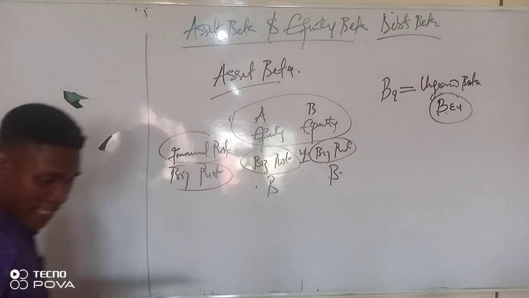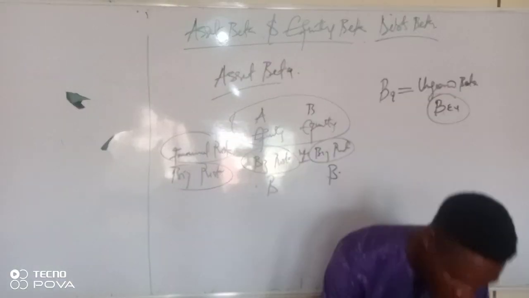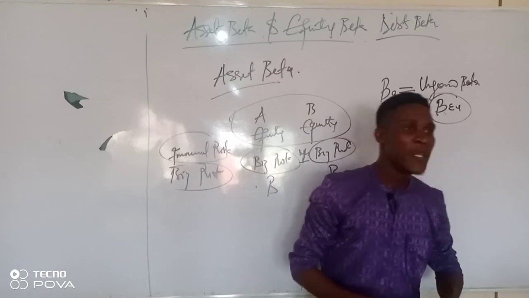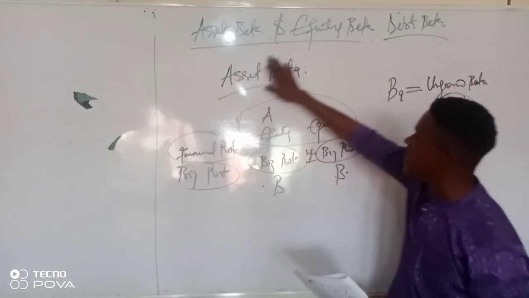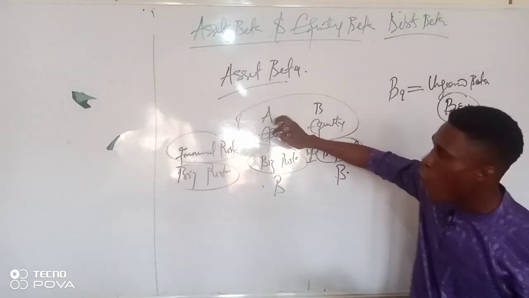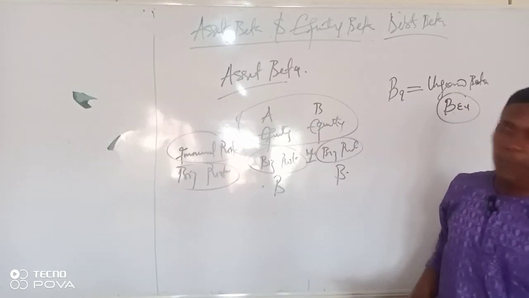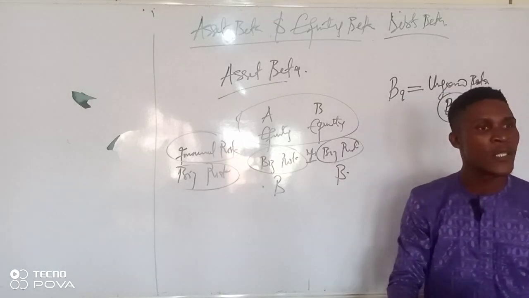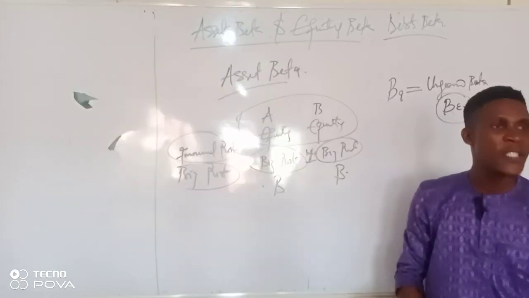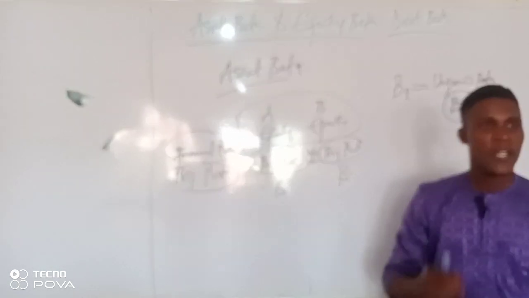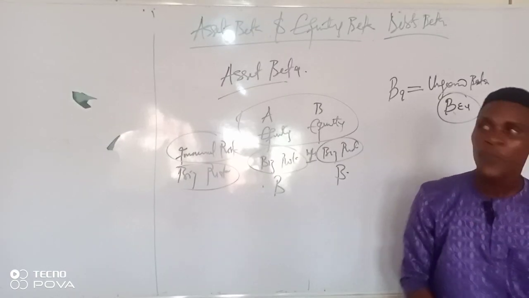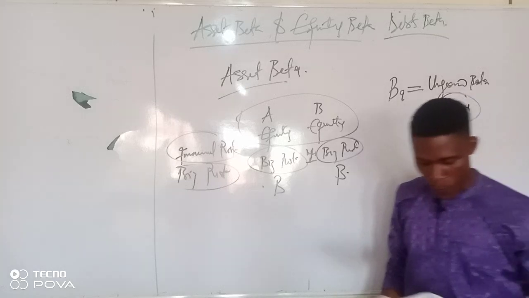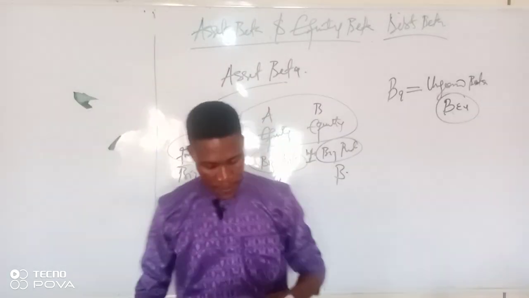We have tried to expand on what asset beta is all about. Asset beta only measures business risk alone. So if a company is ungeared, we talk about asset beta to measure its risk. But for equity beta, what does that mean?